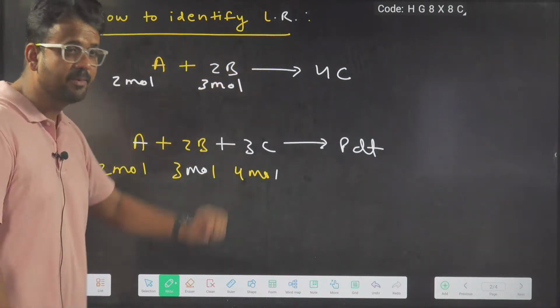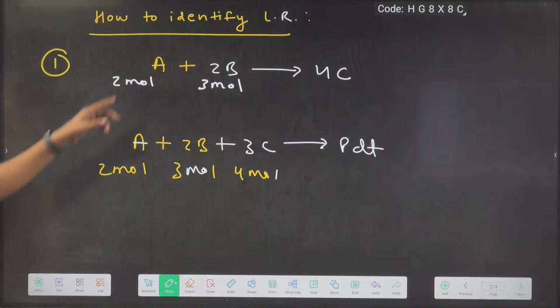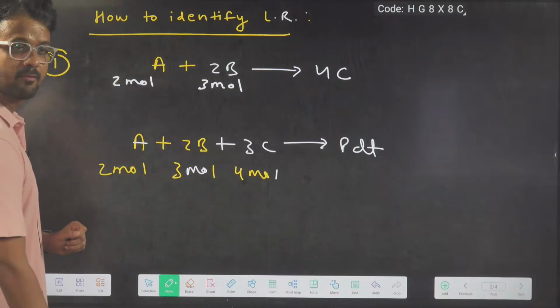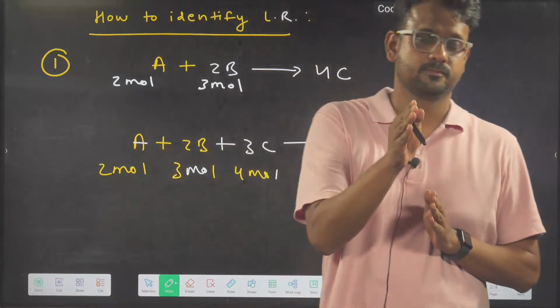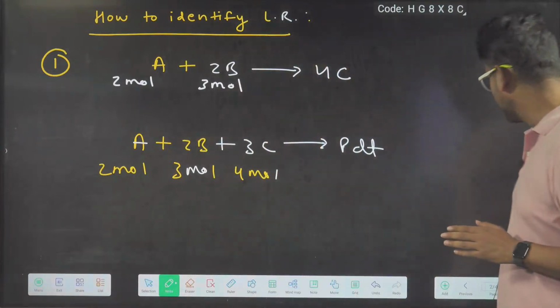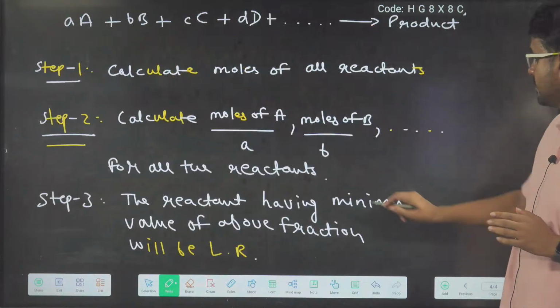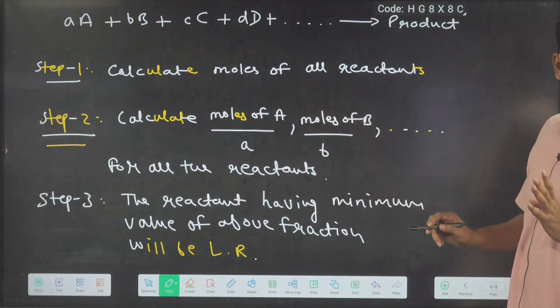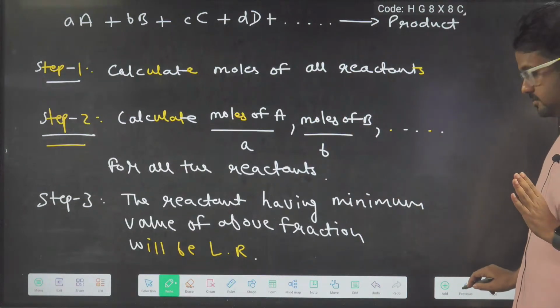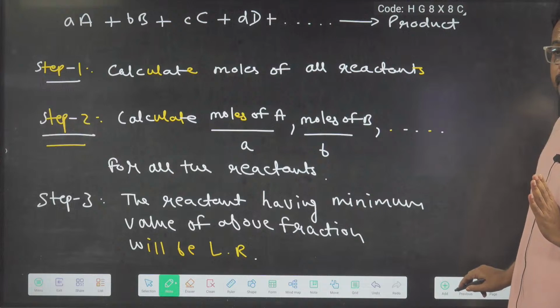So now find the limiting reagent in example number 1. Deshna, we will see to that. Step 3: the one which has the minimum value of the above fraction will be the limiting reagent. Everyone has noted this?